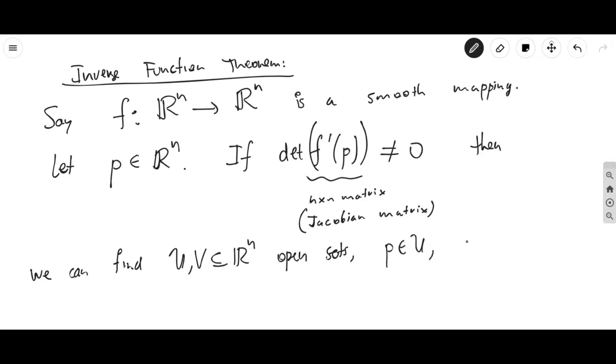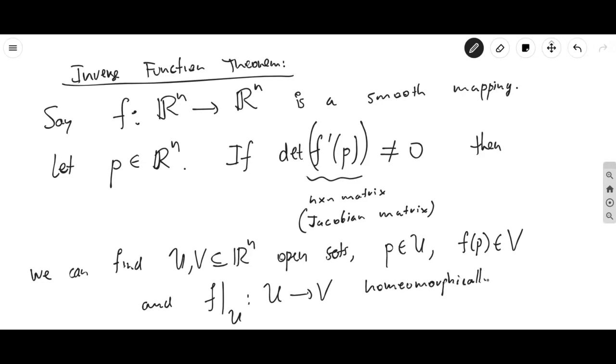Let's say P is in U, f of P is in V, and f restricted to U will map U to V homeomorphically. And in fact, you can even do better than homeomorphically. You can do something that's called diffeomorphically. Diffeomorphically just means that the mapping is a smooth mapping, and the inverse mapping that goes the other way is also a smooth mapping. That's what that means.